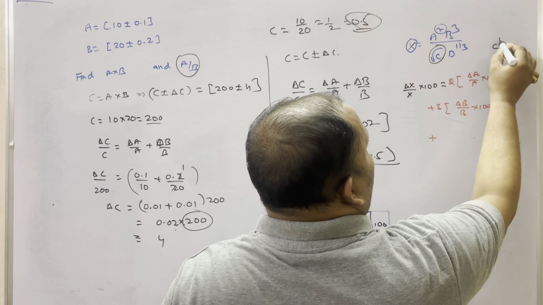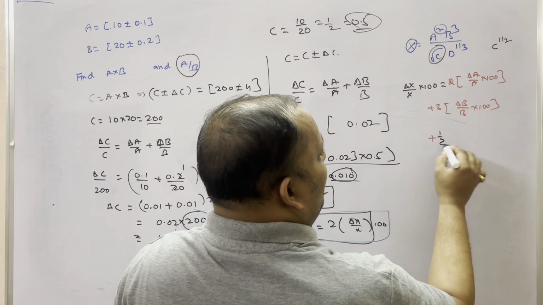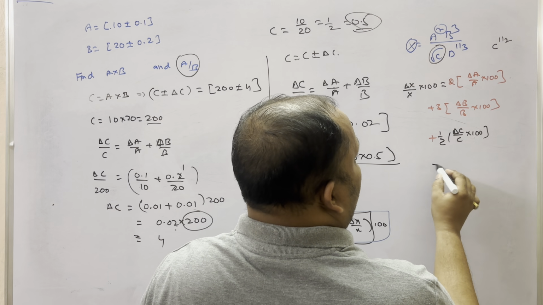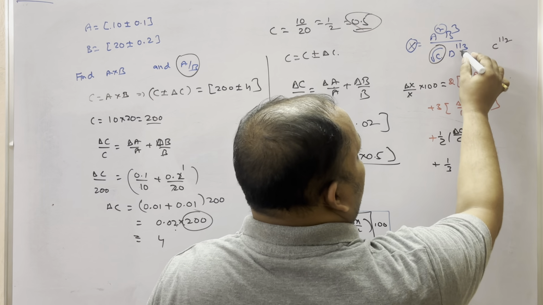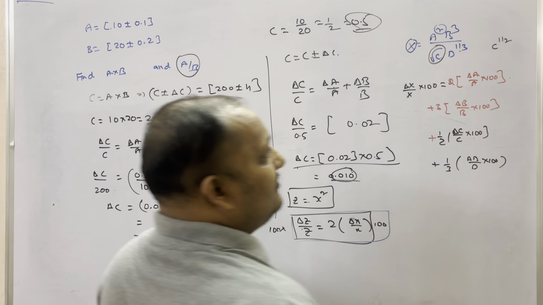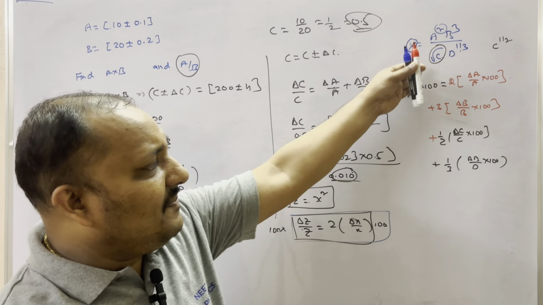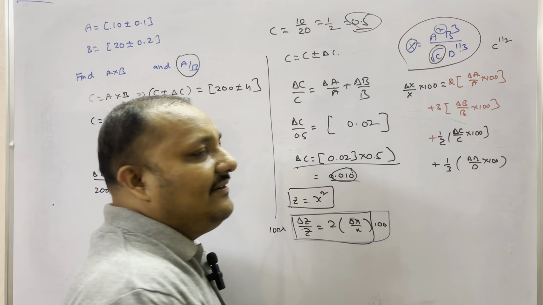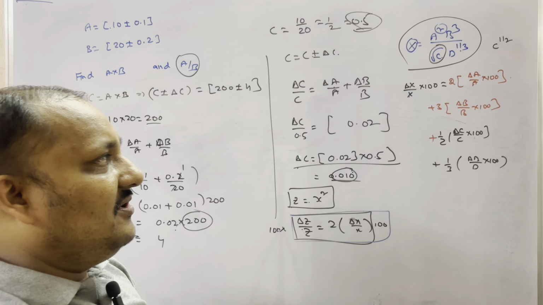Root c means c power 1 by 2. Therefore, 1 by 2 into delta c by c into 100 plus 1 by 3, here also 1 by 3, into delta d by d into 100. All are plus because we are finding error. Error cannot take negative values. Therefore, we have to take all possible values.